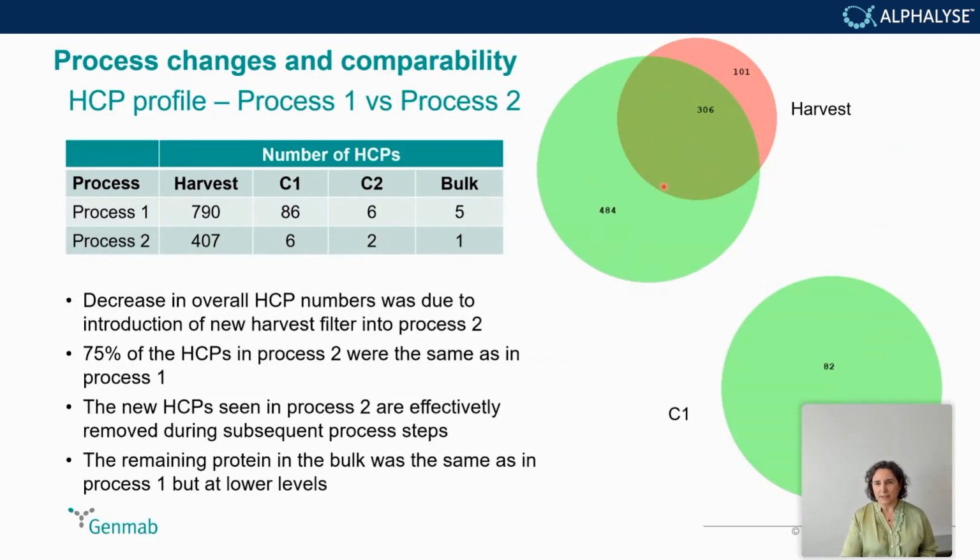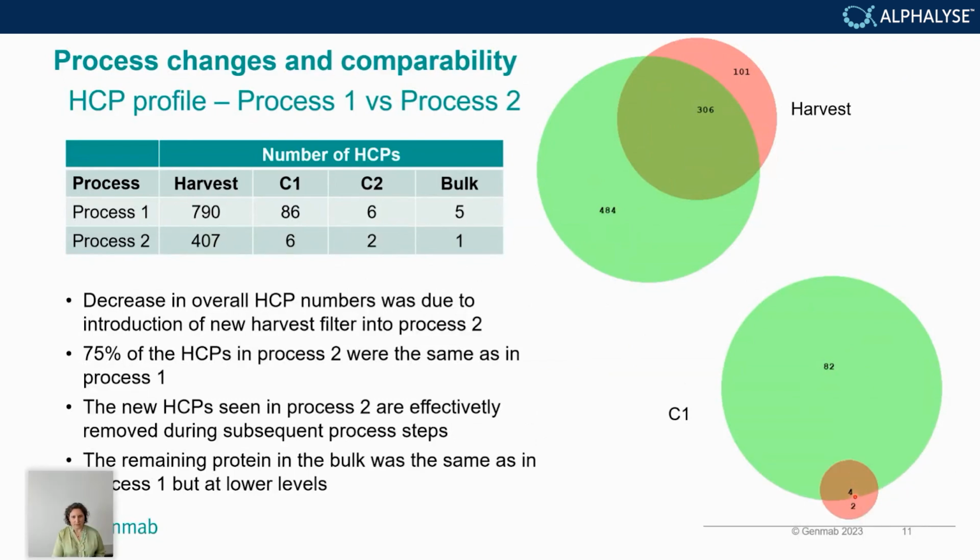However, there were about 100 new HCPs that were not present in process 1. When we look at the first chromatographic step, we had about 4 proteins that were the same, and 2 that were new ones that we didn't see in the first process.